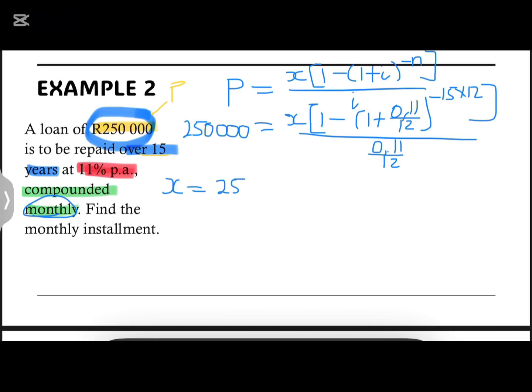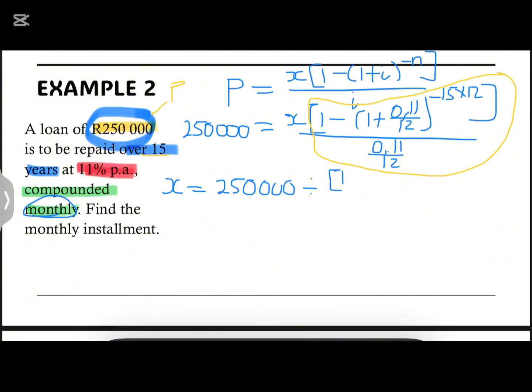Then we're going to have X equal to 250,000 divided by everything on this side. Then how are you going to write it? You're going to write it in this form, divide, and then you write everything. There we go.